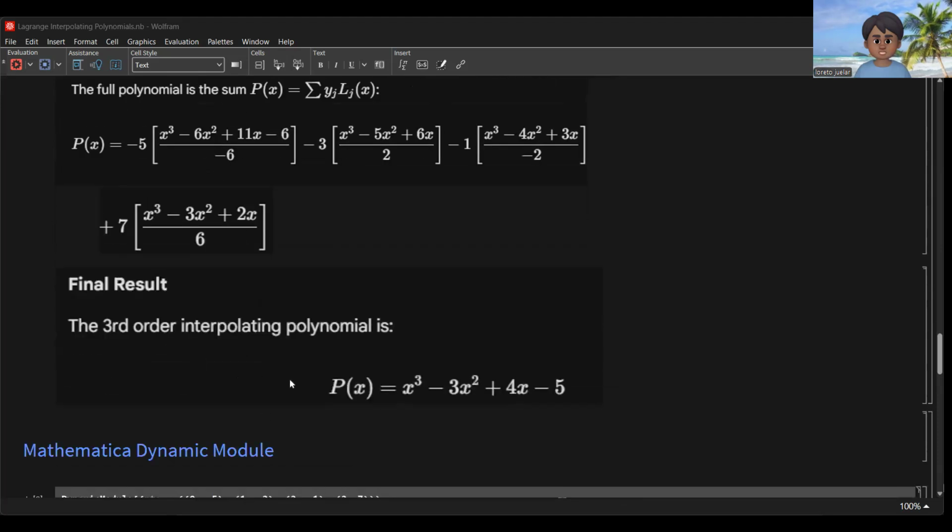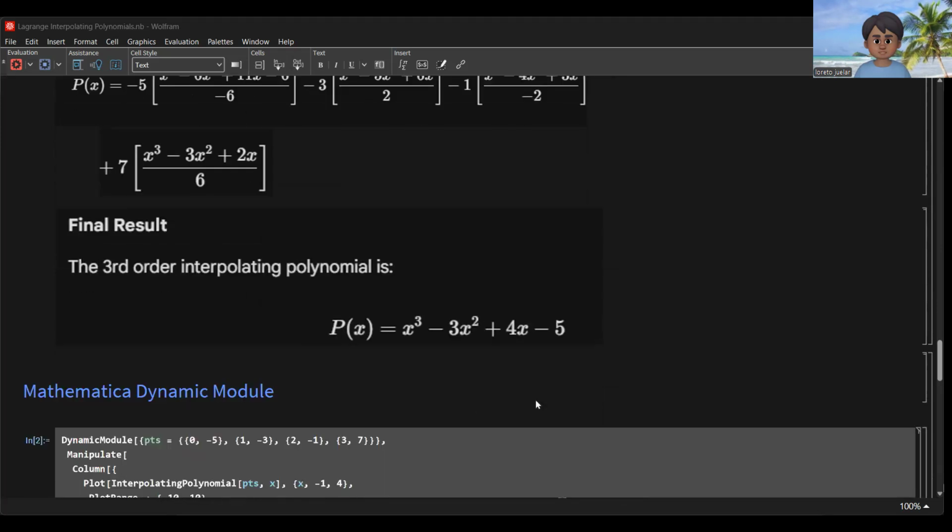So we have the final result here. When we simplify this, we have x cubed minus 3x squared plus 4x minus 5.